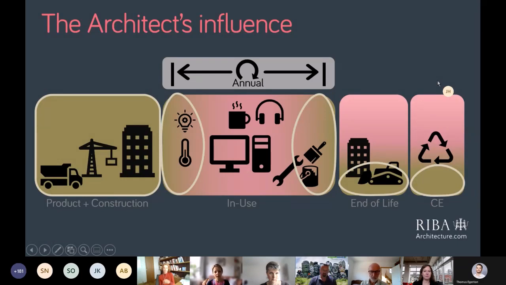So the architect's influence is predominantly through the design at the early stages, in the actual material choices and the form and method, and using materials as effectively and efficiently as possible. And that obviously impacts on how often it has to be maintained, its longevity, and the potential for its reuse, but also the toxicity and the end of life disposal.